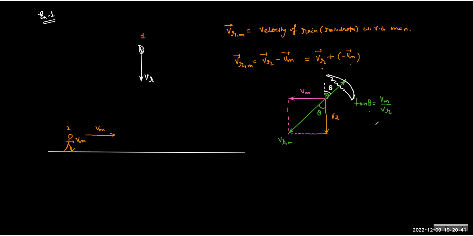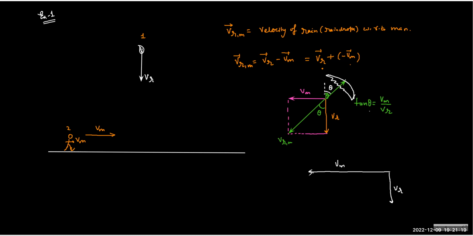So a moving man will never see the rain moving vertically. It is coming at some angle. And the faster you move, will theta increase or decrease? As the man travels faster and faster, theta will increase. See, if VM grows in value, we have a bigger VM, but VR is constant.